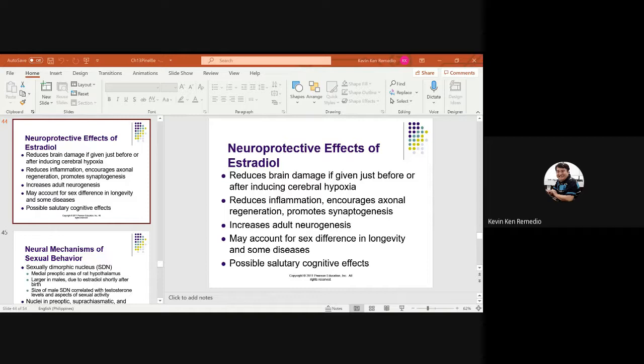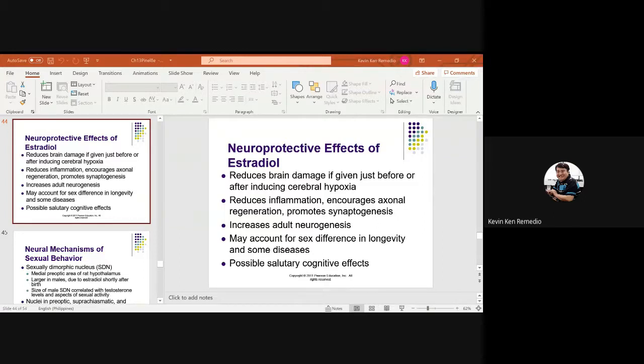Class, what does hypoxia mean? I think you're familiar with the term. What do you think is the meaning of hypoxia or cerebral hypoxia? Okay, I think you're not familiar. Again, cerebral hypoxia.